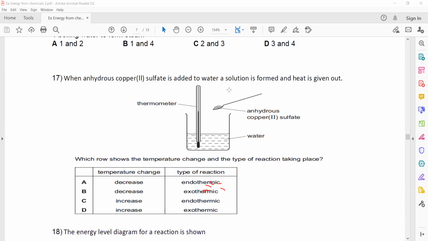If it was an endothermic reaction, then what will happen? As the copper sulfate particles absorb energy, from where will they get energy? They will take energy from the water. So if it was an endothermic reaction, the temperature of the water should decrease, because the water particles lose energy, giving it to the copper sulfate.